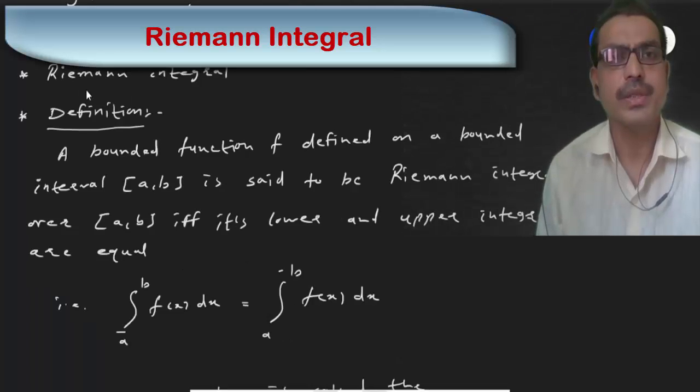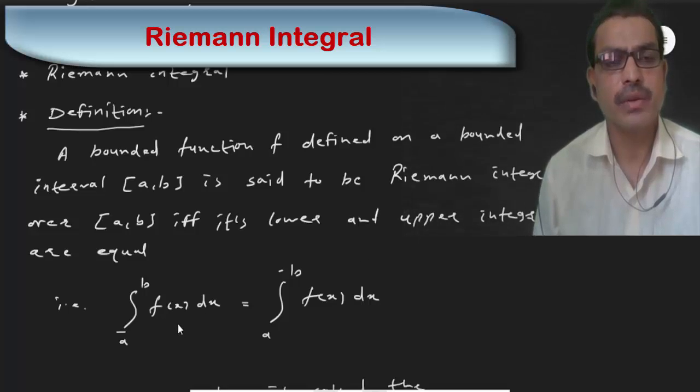If f is a bounded function on the closed interval [a, b] and its lower Riemann integral and upper Riemann integral are equal, that is, the lower integral of f(x) dx is equal to the upper integral of f(x) dx, both are equal, then we say that it is Riemann integrable.